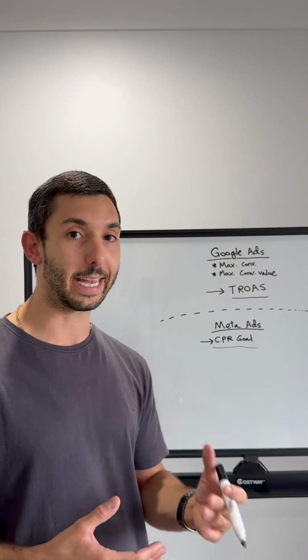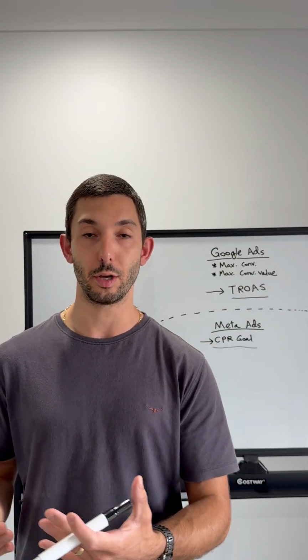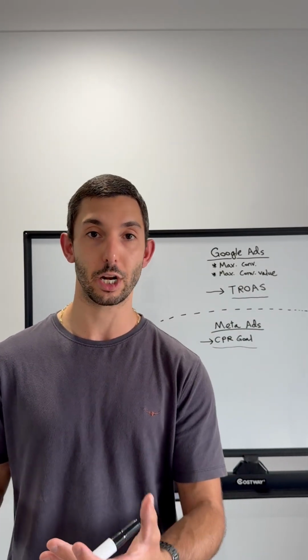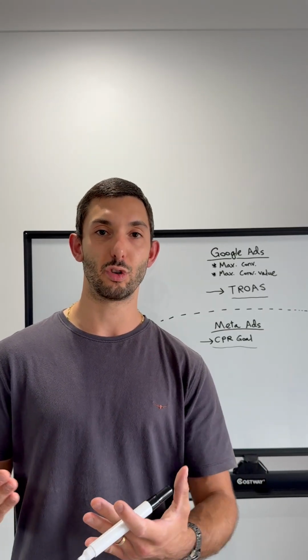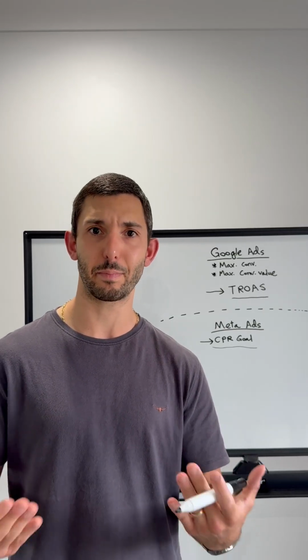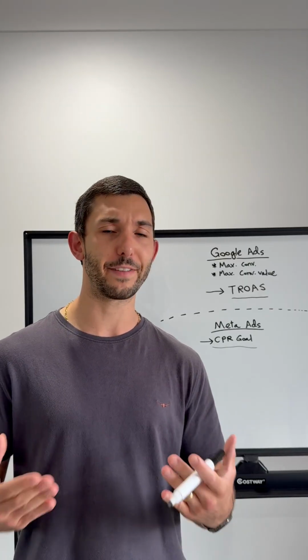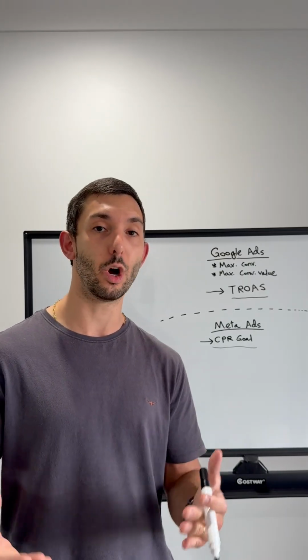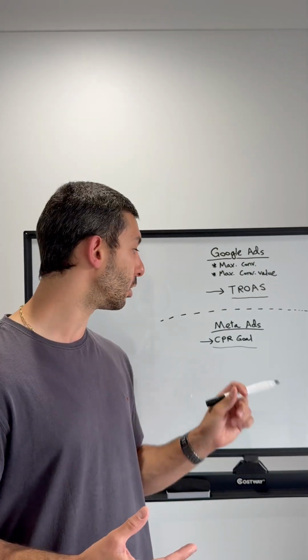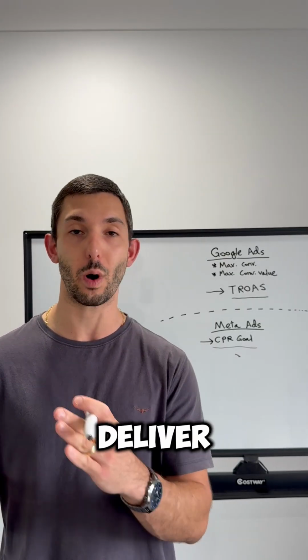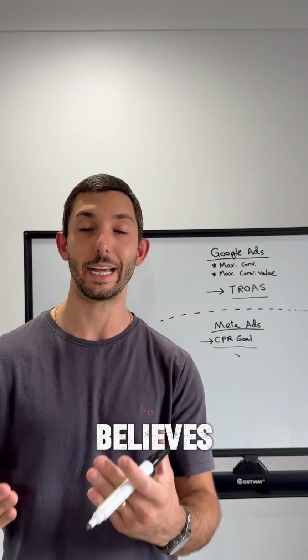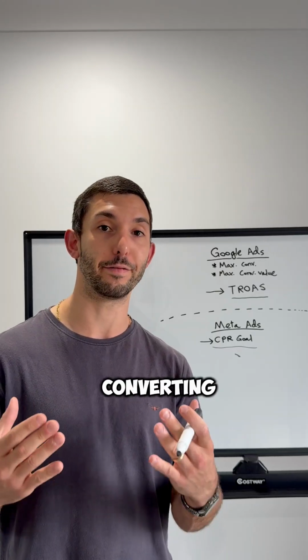If you look the next day, you might see you've got a $50 budget and you've put a $50 cost per result goal, and maybe $2 or $3 has been spent, and you think, but I've set $50 a day as my budget. What's happened is you have told Meta to be overly cautious and only deliver your ads to people it believes have a very high chance of converting.